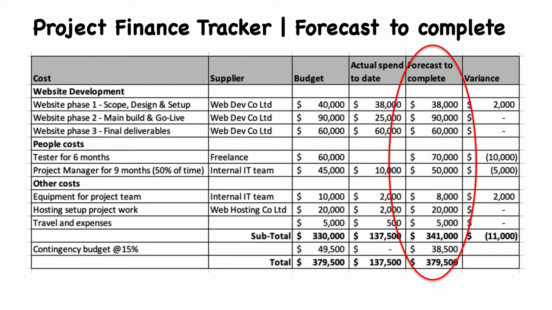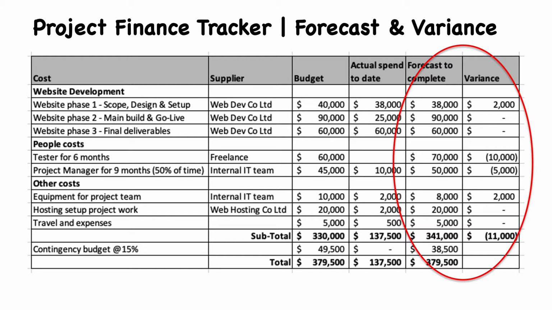We would also look at this point, we probably regularly forecast how much money we're going to spend to complete the project as well. So this is what this column here is about, the forecast to complete. So we think that we're actually going to underspend a little bit on this phase. So the first phase, we're going to underspend by a couple of thousand.